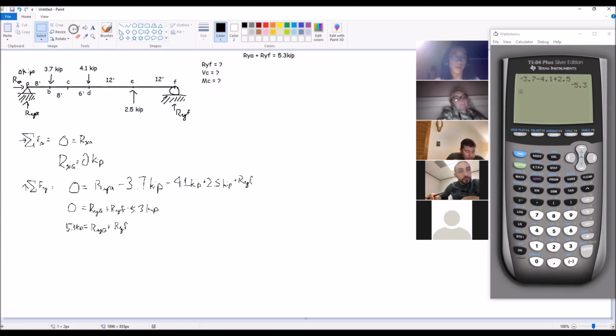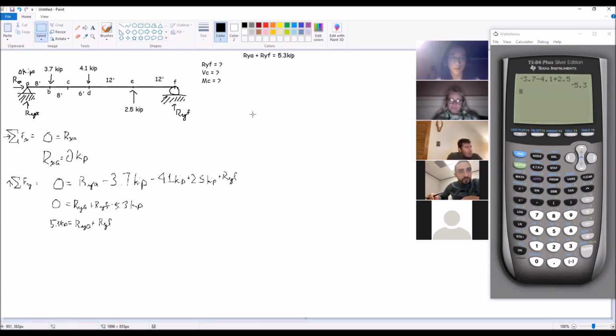All right. So now we're going to move on to summation of moments because that is the next step. That's just one more thing that we can take the summation of. We're obviously going to say counterclockwise is positive. Where are we going to take the summation of moments at?